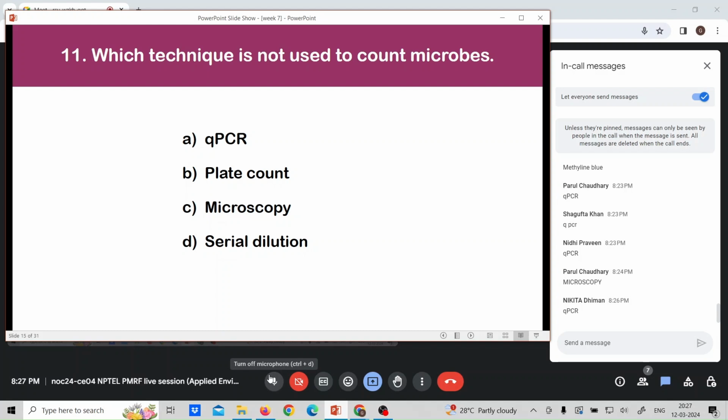So all of you are sure about plate count being used for counting microbes.